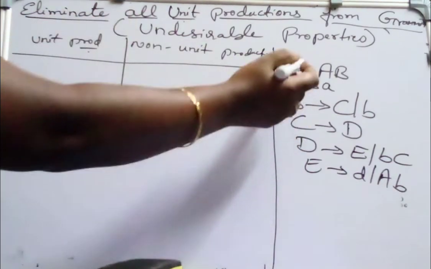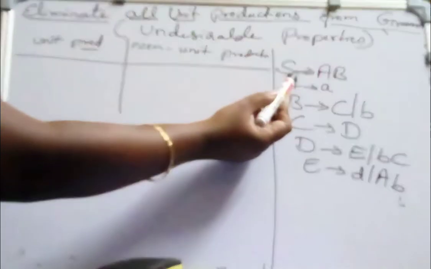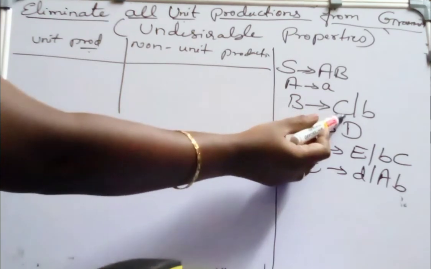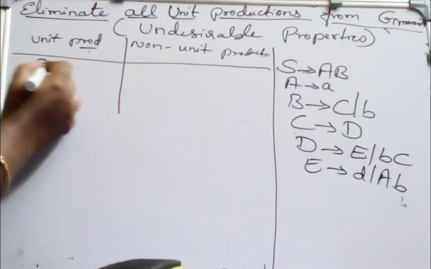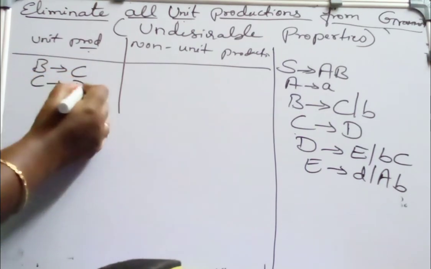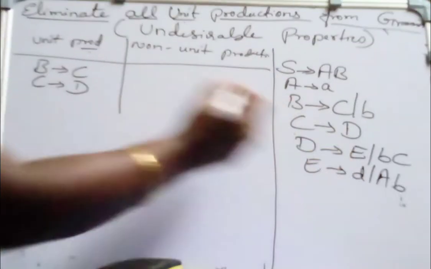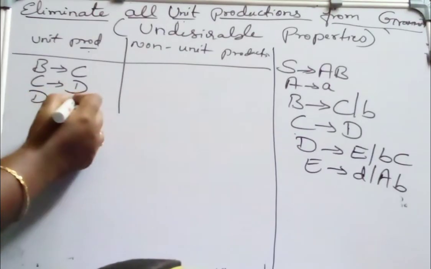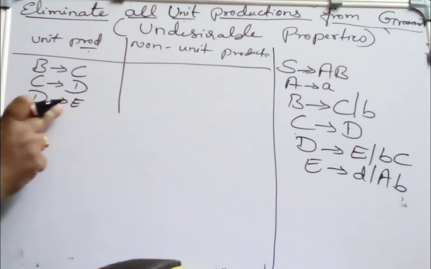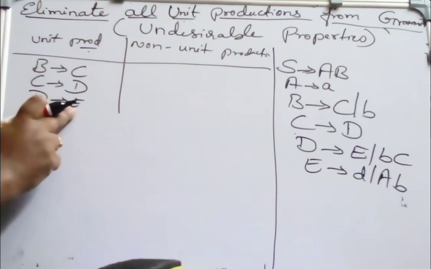Now which are the unit productions in this grammar? Observe here: B derives C, C derives D, and also D derives E. These are all the productions where we have only one variable at the right hand side.